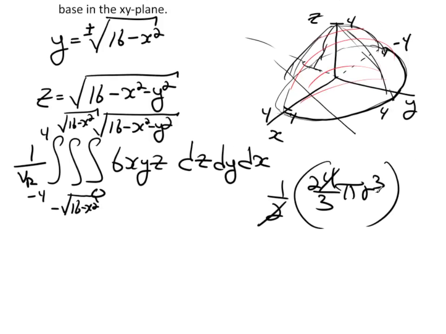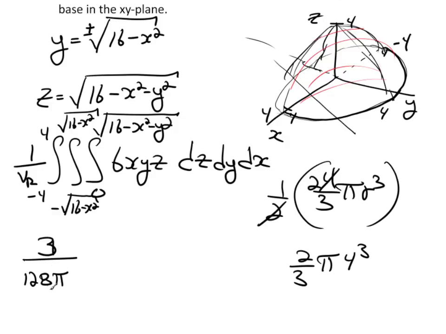And r in this case is 4, so 2/3 pi times 4 cubed, which is 64. So I can write this as 128 pi over 3. Don't forget that 3.